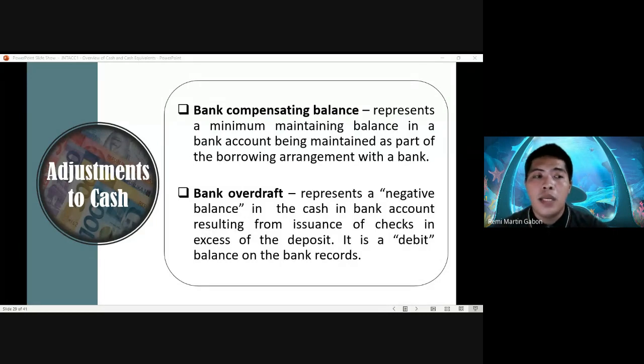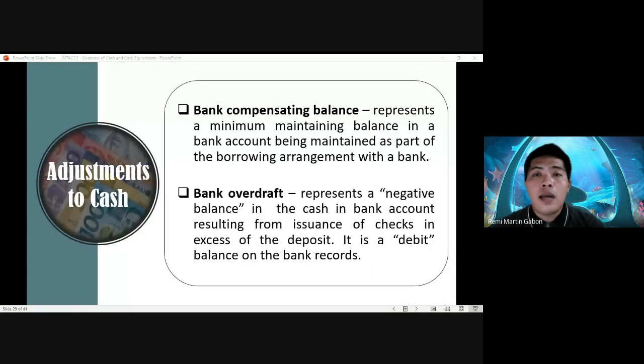So the bank has the obligation for the safekeeping and in return, to return that amount if you demand for the withdrawal of that amount deposited. Okay? So since asset kay depositor, talagang nakadebit siya. Pero yung perspective natin kay bank overdraft, sa perspective ni bank is a debit.